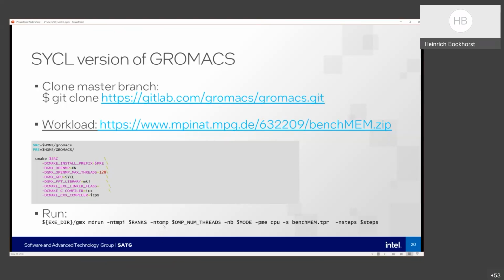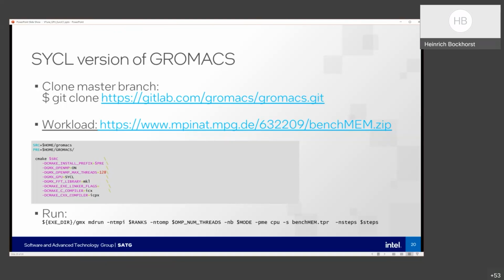You can set the number of OpenMP threads, and -nb is for the non-bonded forces, which are normally 90% of the code and which have been ported to SYCL. And you can say if you want CPU or GPU mode. The PME is here still in CPU mode.